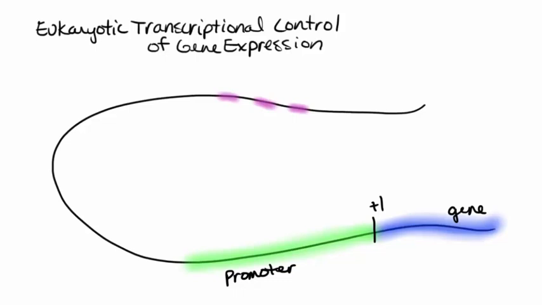Now we do have different RNA polymerases involved in transcription in eukaryotic cells, and we're going to focus just on the RNA polymerase II and the genes that RNA polymerase II would actually be transcribing. So in those types of promoters, first off, we tend to have what we call a TATA box. And the TATA box is located somewhere here near where the transcription initiation site is going to be.